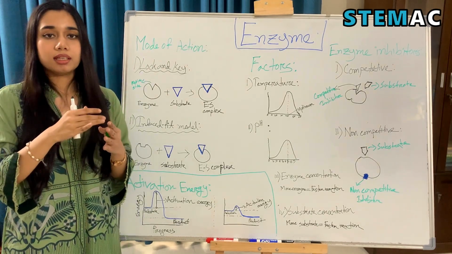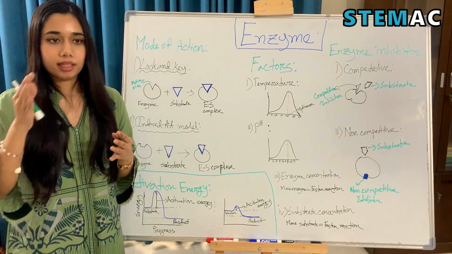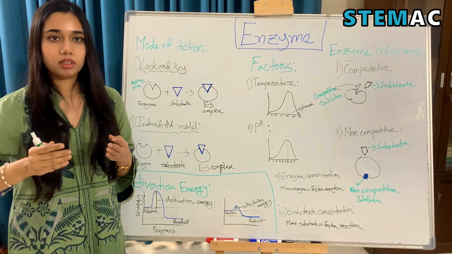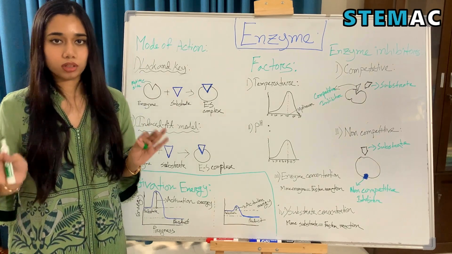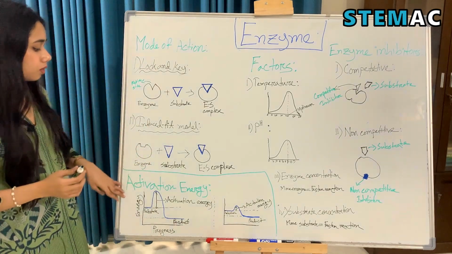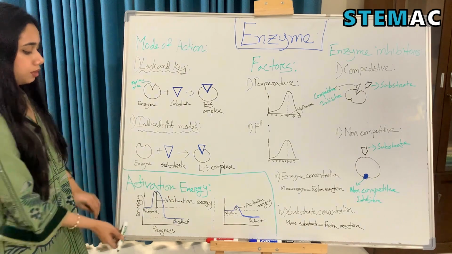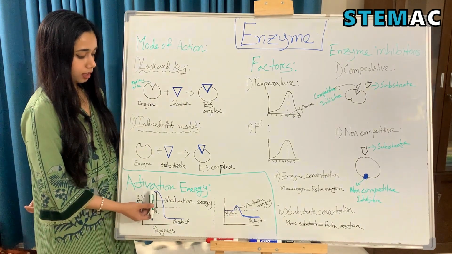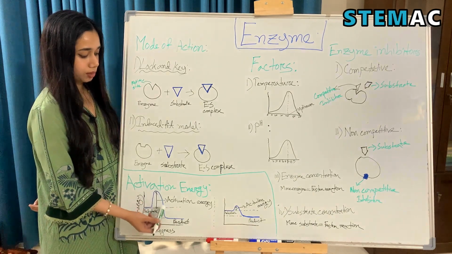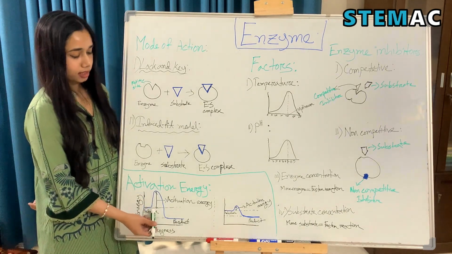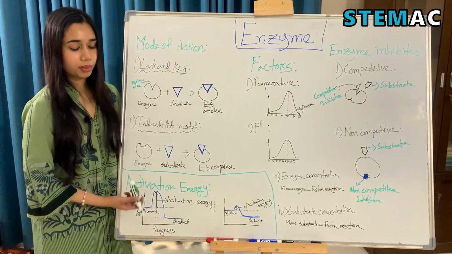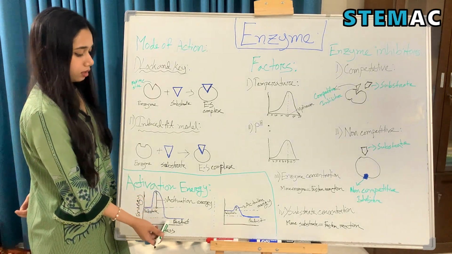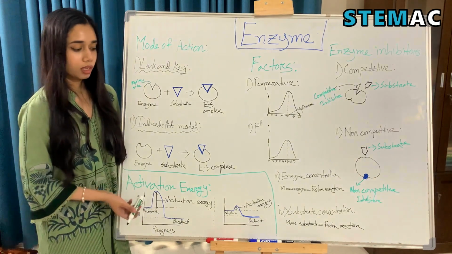So it's like an energy barrier, and a reaction has to cross this energy barrier, or otherwise the reaction will not occur. So in this first figure, we can see that here is an activation energy or energy barrier. Now this substrate is not bound to an enzyme, so it will have to cross this barrier to make products.